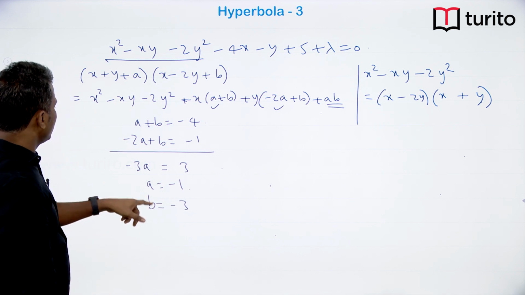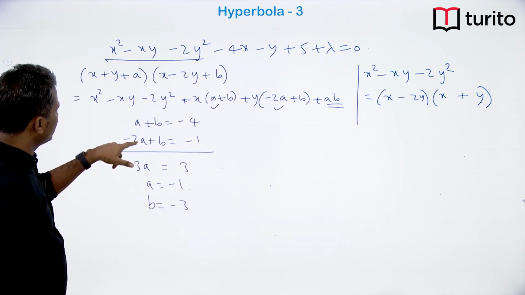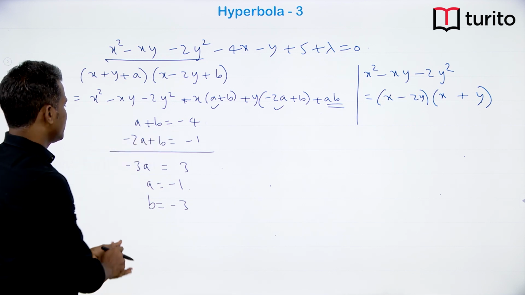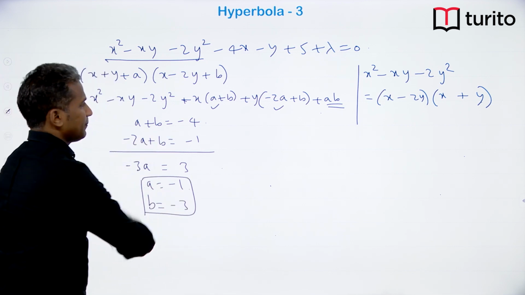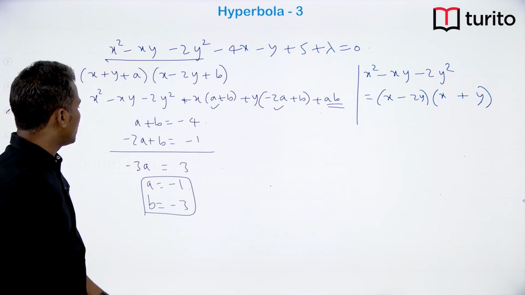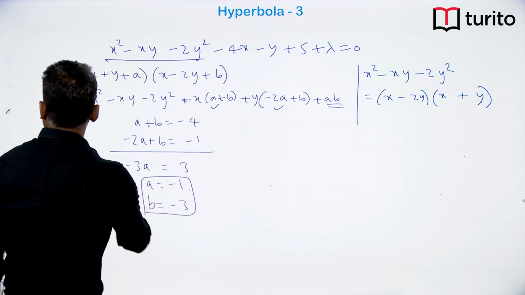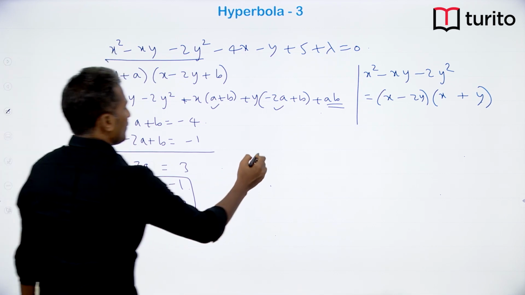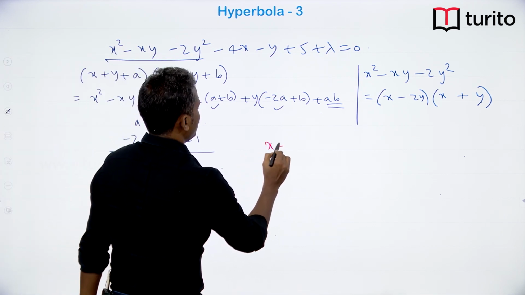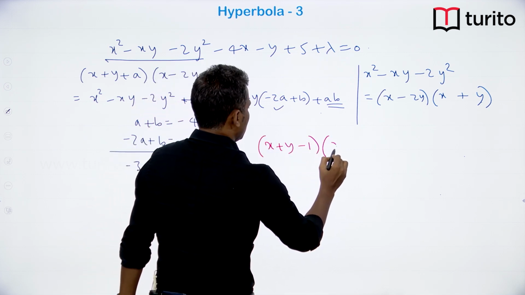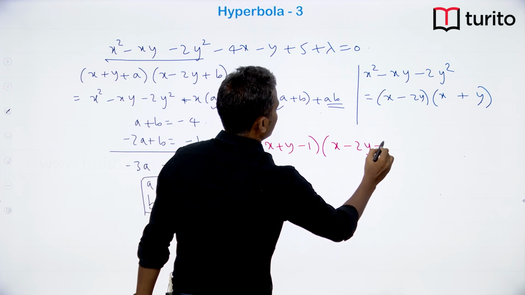So also we can verify it here. So a equal to minus 1 will make this 2, and b equal to minus 3, 2 minus 3 is minus 1. So this is a perfect match. So what are the lines? Our lines are going to be, I will just write them in red color, x plus y minus 1 into x minus 2y minus 3.